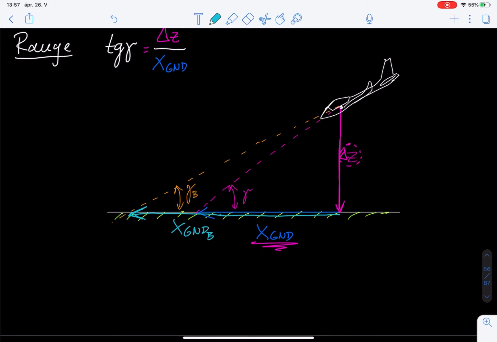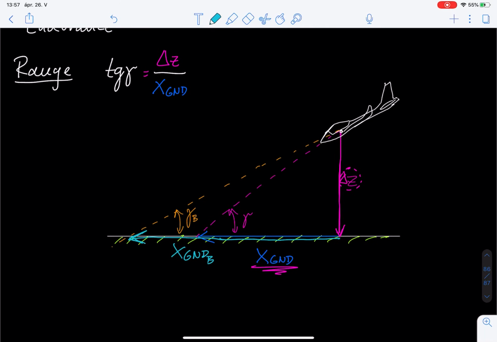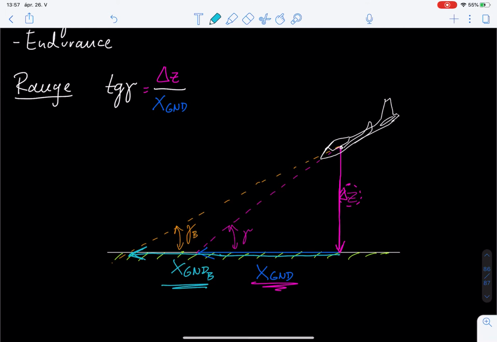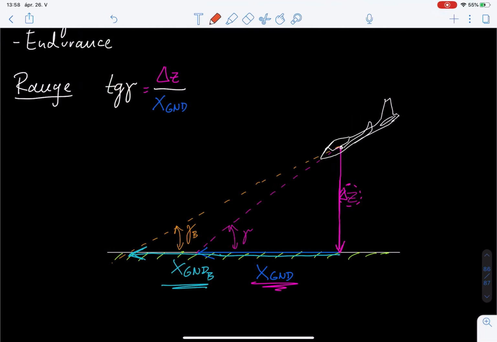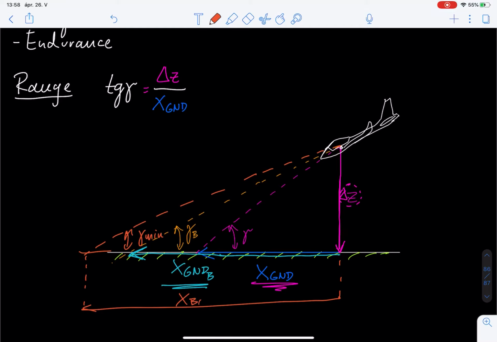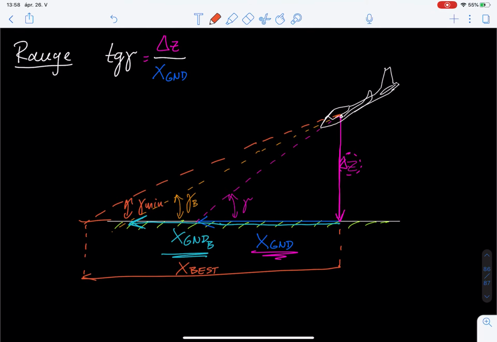So what we can see is that the shallower the flight path angle, the better the range, right? So therefore, the best range is going to occur when the flight path angle is minimum, right? So that's where the best range from a given altitude is going to occur. So best range.